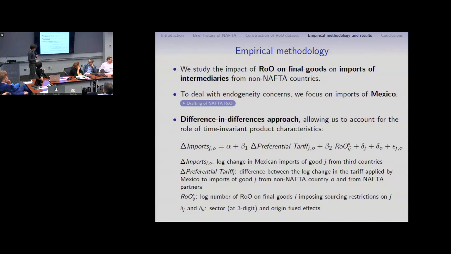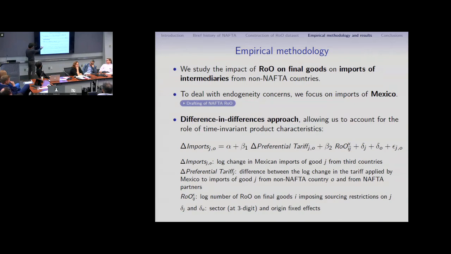Of course, those previous rules are completely exogenous to Mexico, and we use them to instrument NAFTA rules of origin, which are the ones that play a role for Mexico. So in principle, we shouldn't care much about endogeneity given the steps that we have carried out.